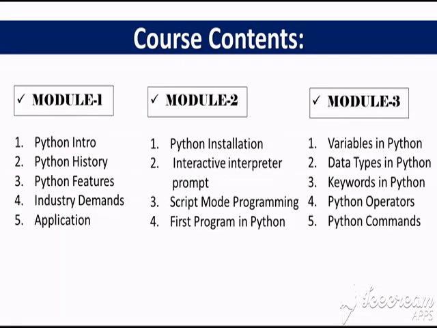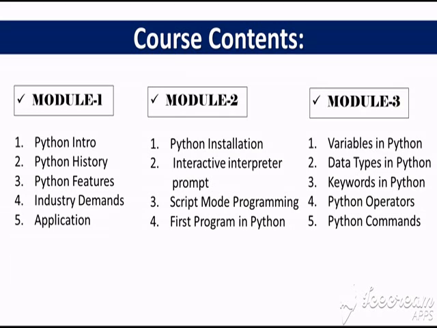Okay, this course is basically divided into modules like module 1, module 2, module 3 and so on. We have already discussed module 1. In module 1, Python intro, history, features, demand and application, all we have discussed in the previous classes. In module 2, we discuss Python installation, interactive prompt, script programming and first program in Python.